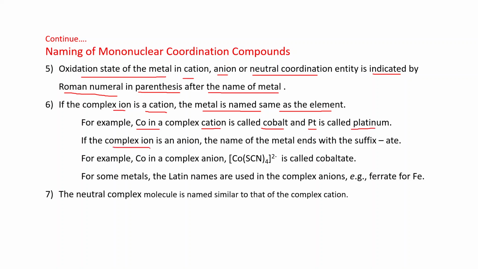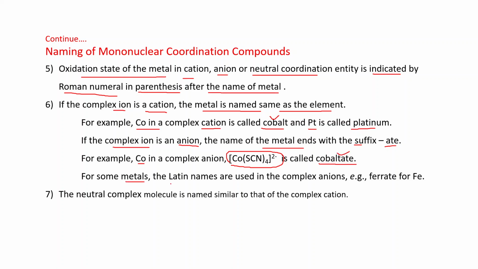If the complex ion is an anion, the name of the metal ends with the suffix ate. For example, Co in a complex anion, negatively charged, will end as cobaltate. Co in a cationic species is written as cobalt, but Co in an anionic species is written as cobaltate.